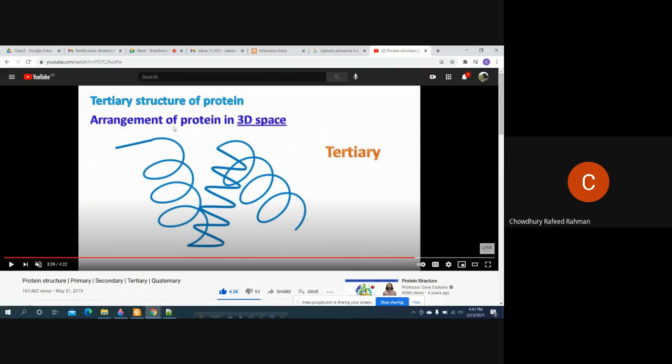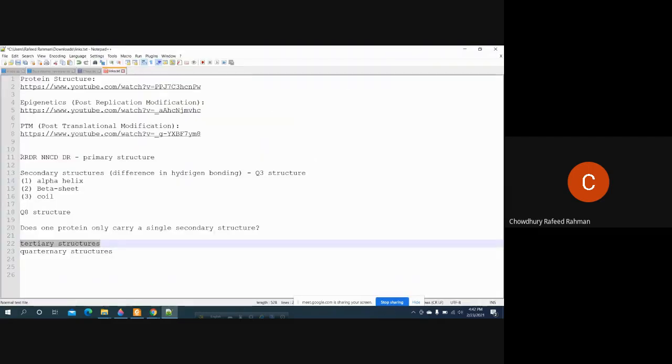So the arrangement of protein in 3D space, described using angles, an angular representation of the protein's secondary structure, is known as the tertiary structure of protein. That means the hydrogen bond oriented representation of the primary structure is the secondary structure. The angle oriented representation of the secondary structure is the tertiary structure. Is it clear?